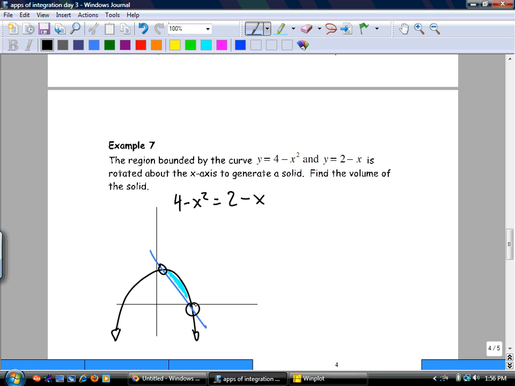Solve for x. 0 equals x squared minus x minus 2. 0 equals (x minus 2)(x plus 1). x equals 2, x equals negative 1. Are we good with that?